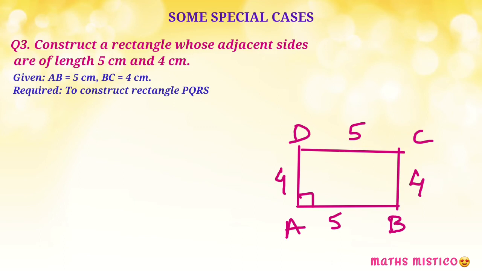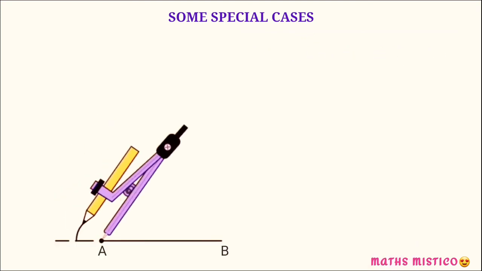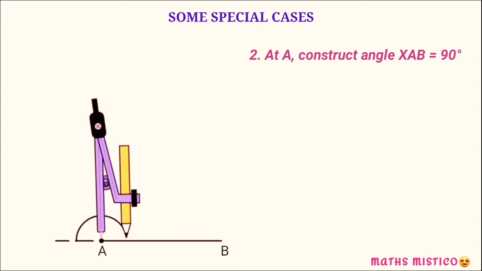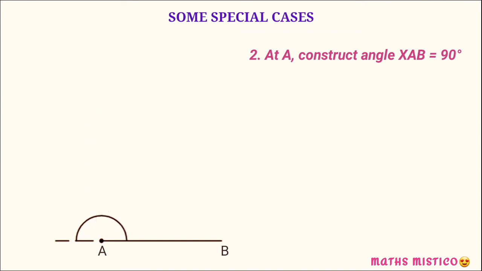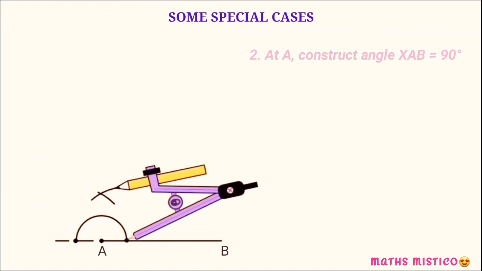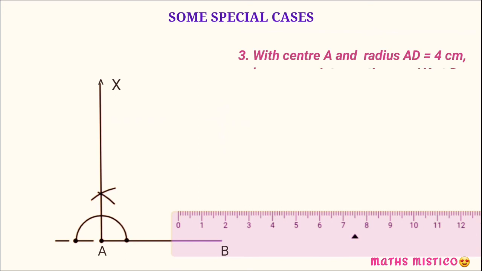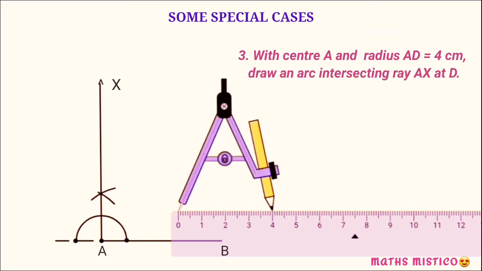So we can take angle A as 90 and we will now do the construction just like we have constructed the square. So start your construction with line segment AB and construct a 90-degree angle at point A. Now take AD equal to 4 cm as the radius, center at A and cut an arc on the ray AX.